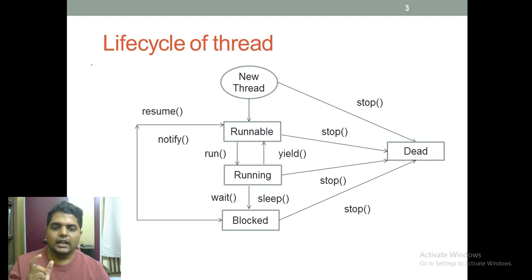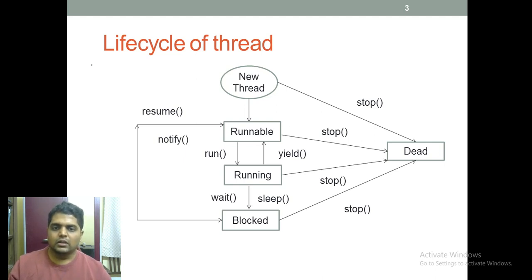After that, from the running state it can go to the blocked state. Note, the blocked state is a temporary suspension of the currently executing thread, which can be done with the help of the wait or sleep method. So from new it moves to runnable, from runnable it moves to running, and from running it moves to blocked. These are the various stages.